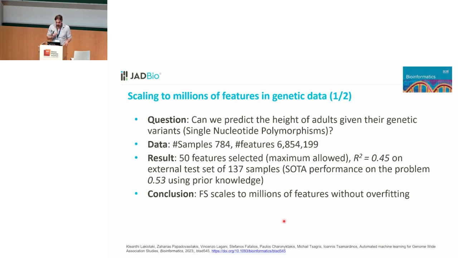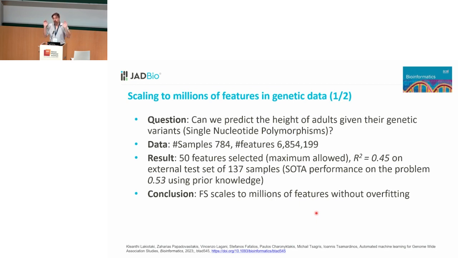The state of the art on this is 0.53, but they're using lots of prior knowledge. We do the discovery of these SNPs, as these variants are called, de novo. Also, I think they use 2,000-3,000 to reach this performance. So the point is that this feature selection scales to millions of features, but also without overfitting.